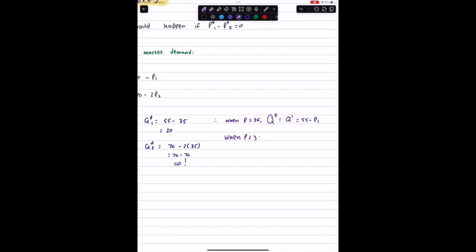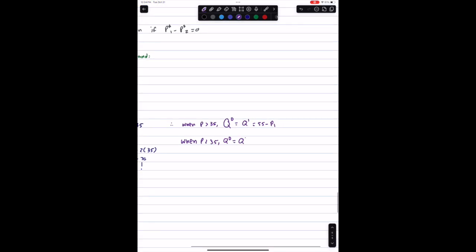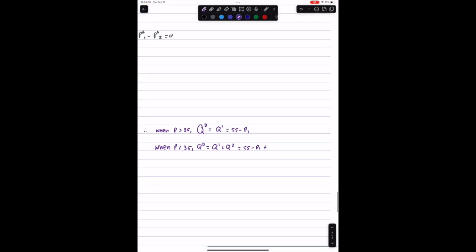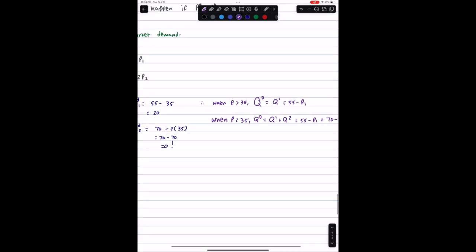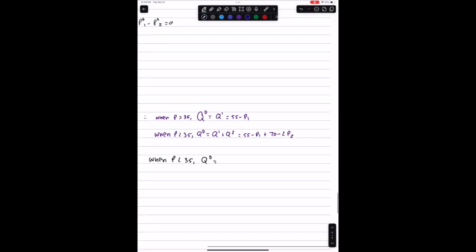However, when the price is less than 35, we know quantity demanded is going to be equal to quantity 1 plus quantity 2, which is equal to 55 minus P1, plus 70 minus 2P2, right? So therefore, when price is less than 35, market demand is going to be equal to 55 plus 70, which is 125, minus 3P.